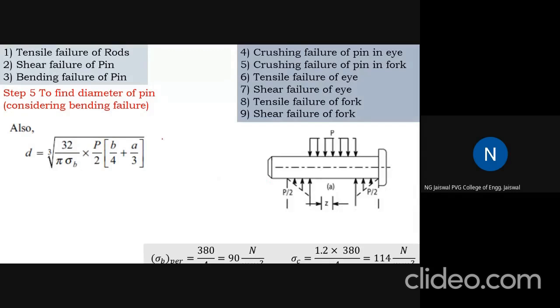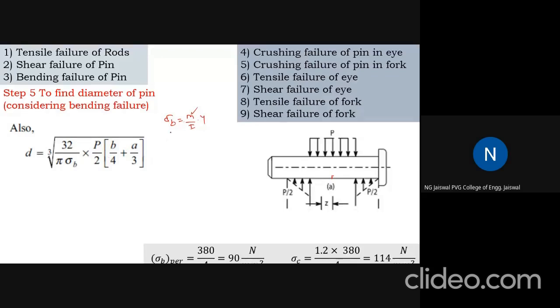To find out this bending failure, you can write the equation this way: sigma B is equal to M upon I into y, where y is d by 2, I is equal to pi by 64 d to the power 4, and M is the maximum bending moment that you have to calculate in terms of these notations or distances. That bending moment maximum will be at the center of these loadings. We discussed this derivation 2-3 times, so we will not repeat it.